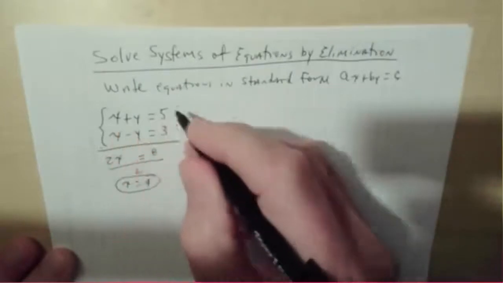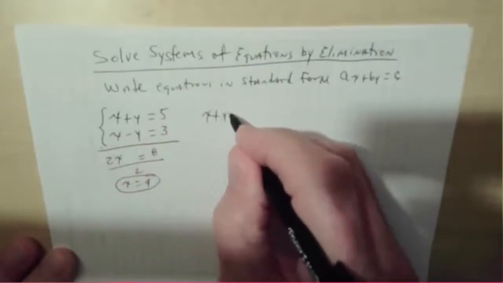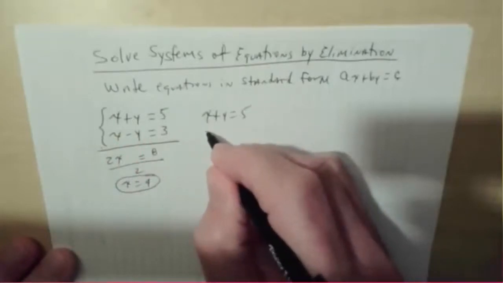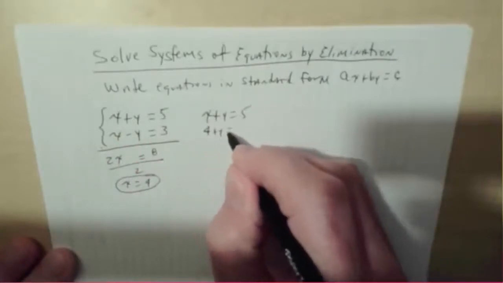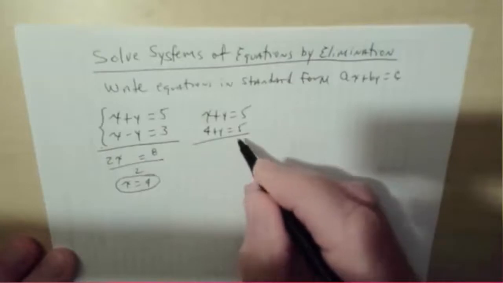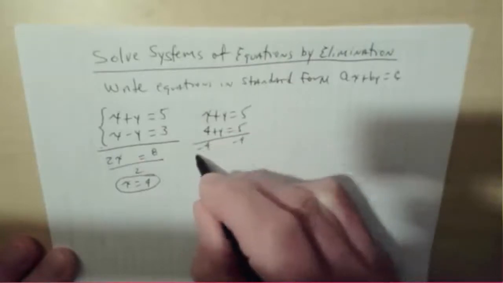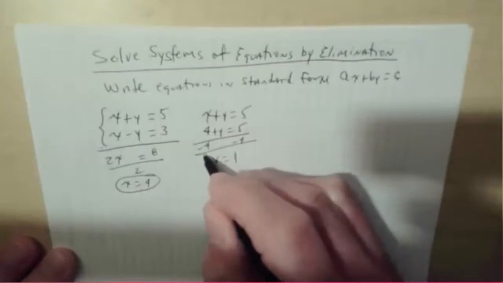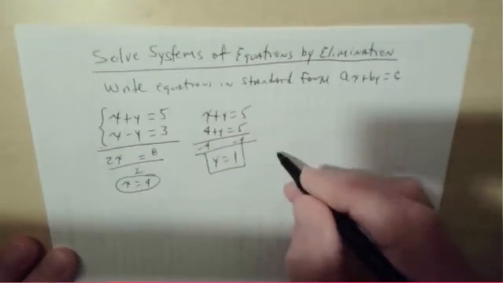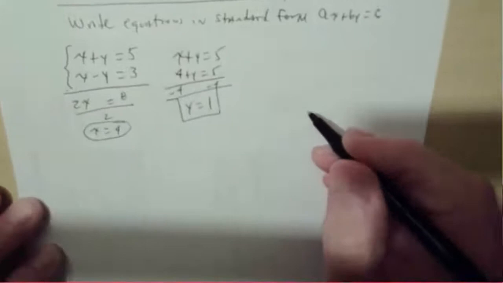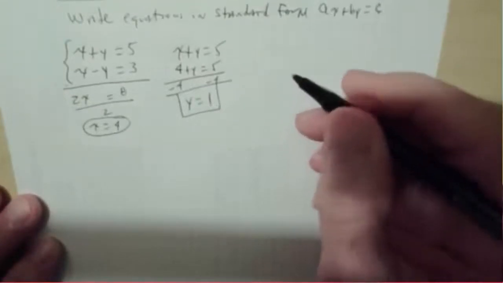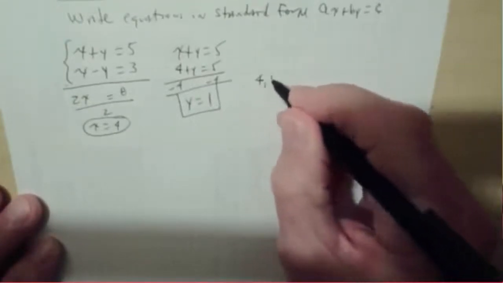So x is 4. So we plug 4 in for x plus y equals 5. Okay? So now we subtract 4 from each side. y equals 1. So our solution is 4, 1.